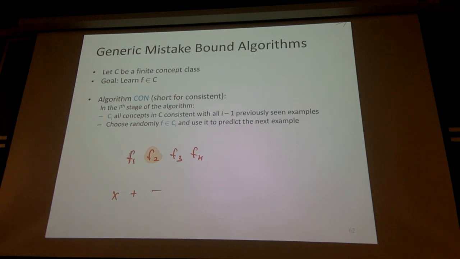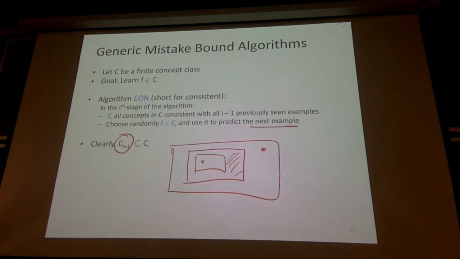So this is a mistake. At that point, the algorithm will enumerate all these functions, go through all of them, and remove every single function that would have made a mistake. So maybe f1 also would have said plus, and now the set of consistent functions is only f3 and f4. Only f3 and f4 are consistent with all the examples that were seen before. And now it waits for the next example. Make sense?